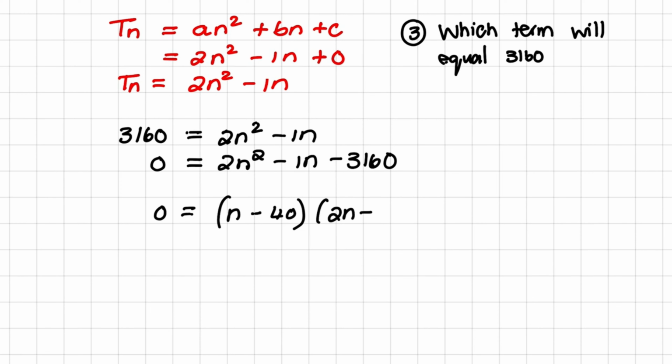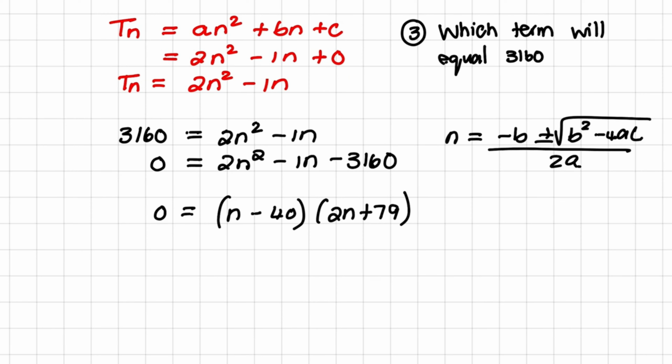And remember, for the quadratic formula, instead of x, you would use n = (-b ± √(b² - 4ac)) / 2a. So your b value would be equal to -1, your a value would be equal to 2, and your c value is equal to 0. Remember, we dropped the 0 in our previous example.